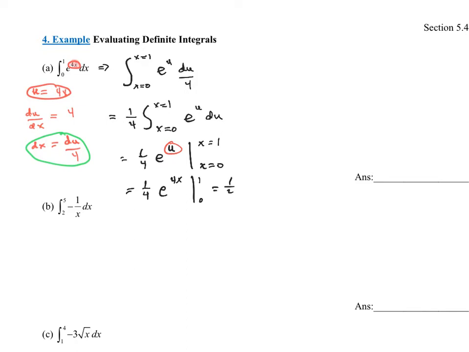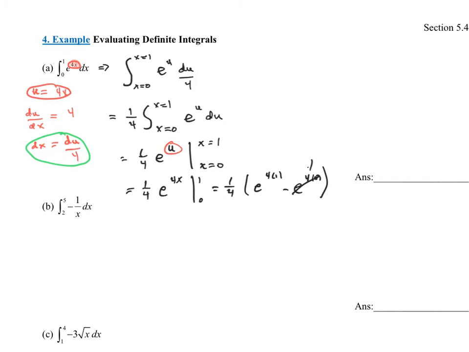So this would be 1/4 times, well, I can either do 1/4 times each one of these, or simply do 1/4 times and now plug in the numbers. This would be e to the 4 times 1 minus e to the 4 times 0. Again, I could have done 1/4 times each of them, or just do 1/4 and then do the parentheses. Well, e to the 4 times 1 is just e to the 4th. E to the 4 times 0 is e to the 0, which is simply 1.